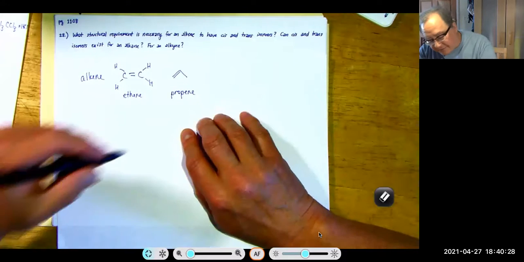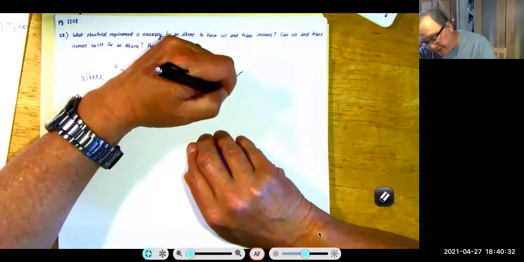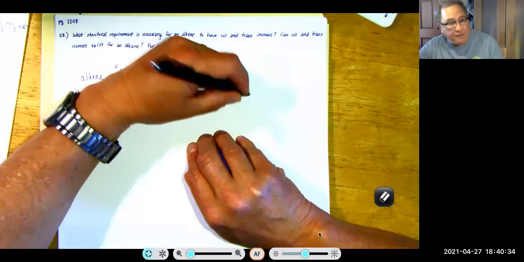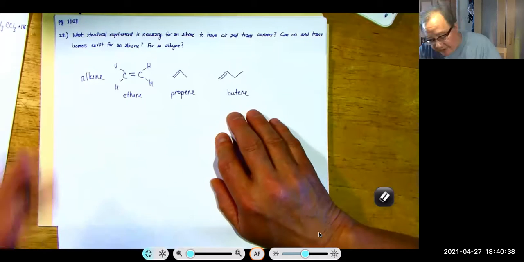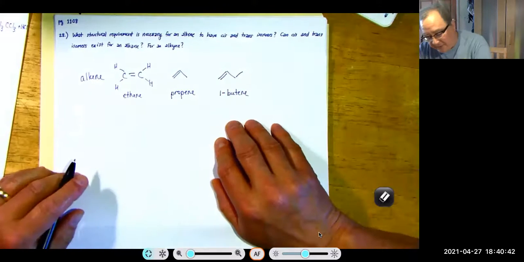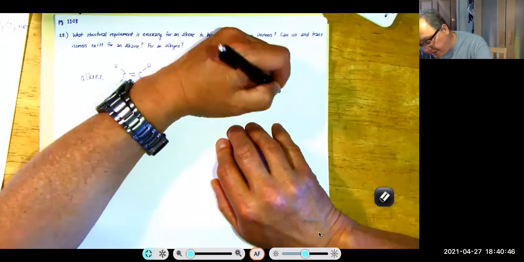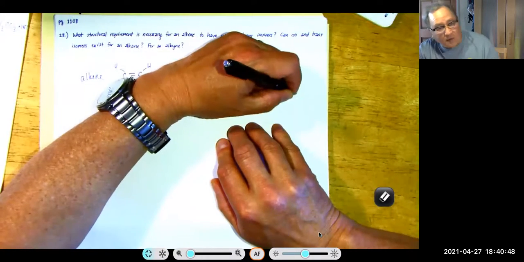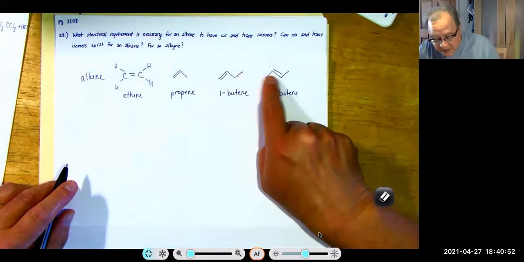Now, interestingly enough, this you would think would be butene because it's got 4 carbons. And you're really close to being correct. It's actually called 1-butene because there's this, which is also butene, 4 carbons with a double bond in it, but notice the double bond is not on the end.